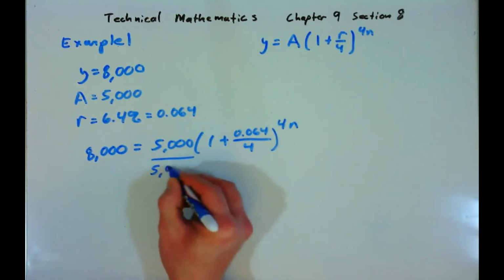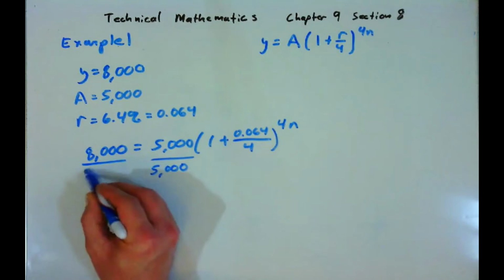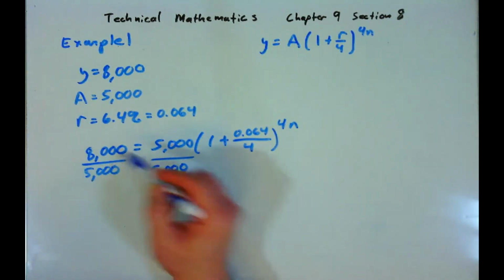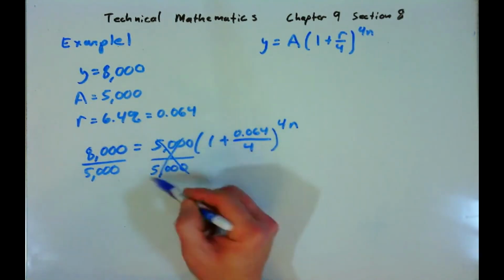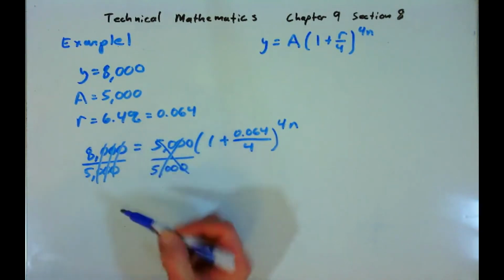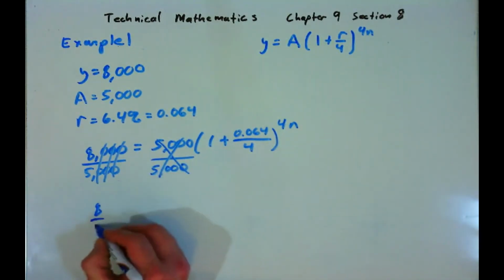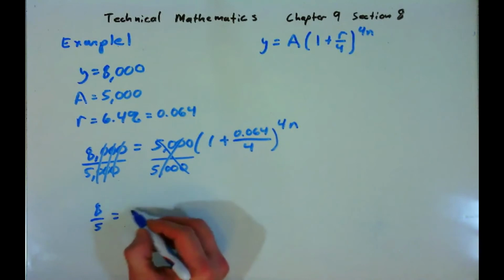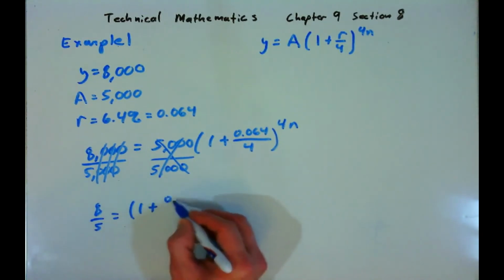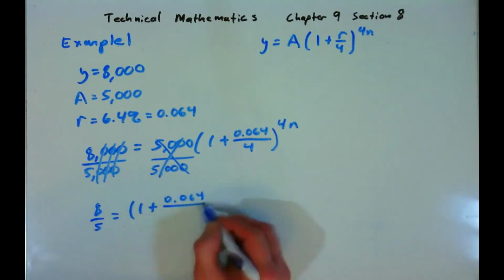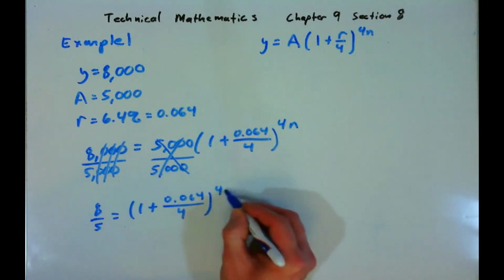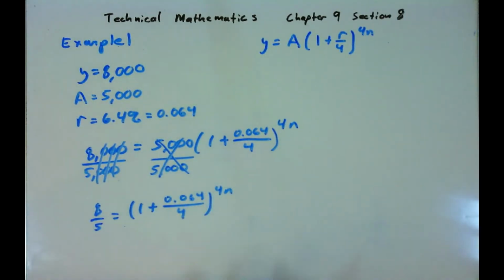So I'm going to divide both sides by 5,000. Okay, and this cancels over here. Over here, the fraction reduces, all the zeros can cross off, and this becomes 8/5. This will be equal to 1 plus 0.064 divided by 4, all to the 4n power.